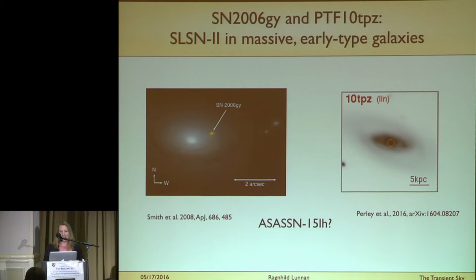I can let Ben comment on that later, perhaps. But certainly from the galaxy perspective, it is very, very, very different from any other superluminous supernova type 1 host galaxy.